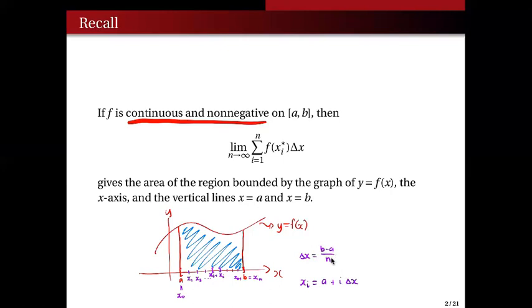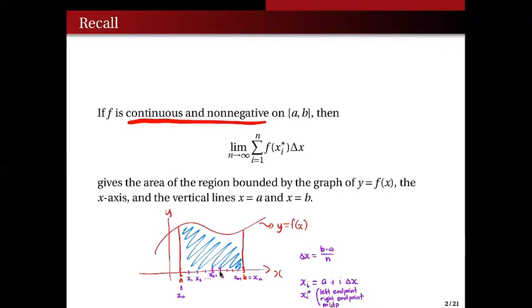So what we did was, on each subinterval, we chose some sample points, x sub i star. In our case, the sample points could either be the left endpoint, the right endpoint, or the midpoint.